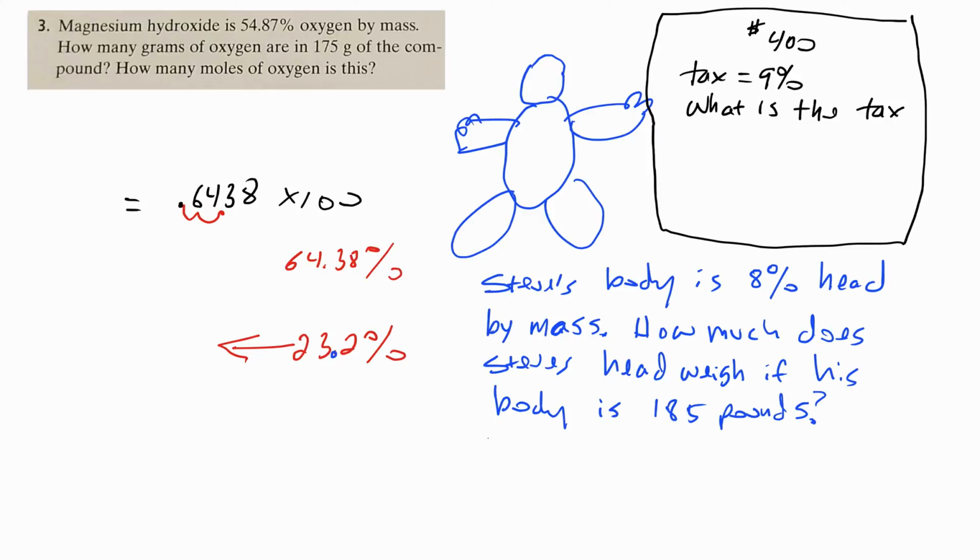No, there's a point. See the point? No, it's 23.2. Yeah, so 0.232.